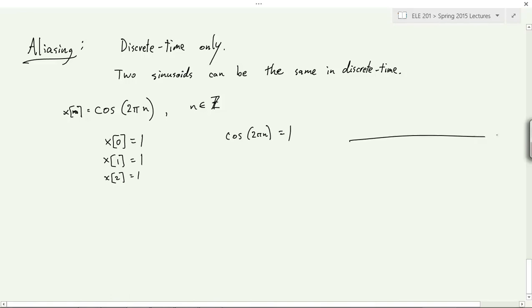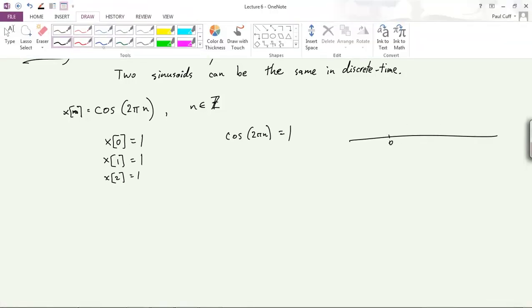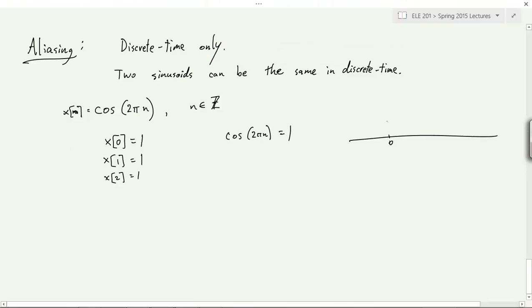To see that in picture, just to get some idea what happened here: of course, our formula gave values even in between the integers. But the formula was just a concise way of representing this discrete time signal. The discrete time signal is really just at the integers. So you're here, here, here, and it didn't matter what the formula said in between. And so this is the same as just saying 1.